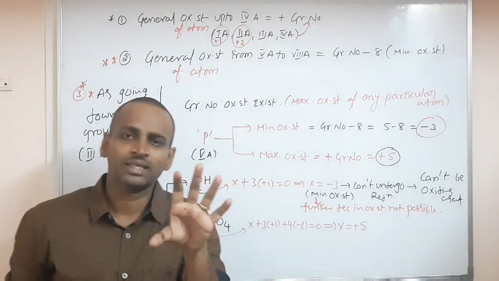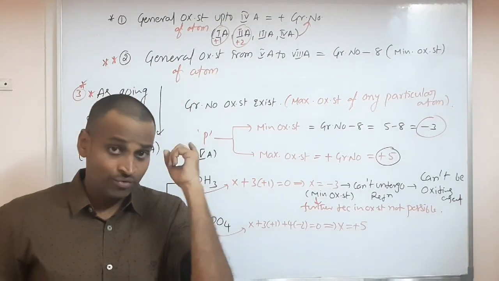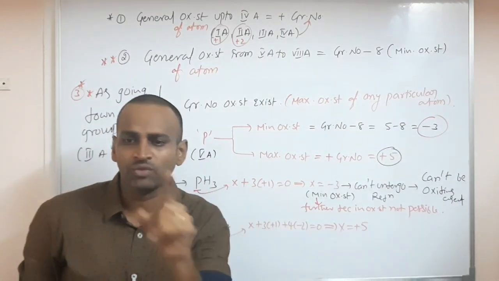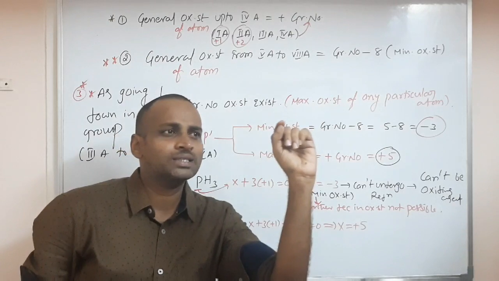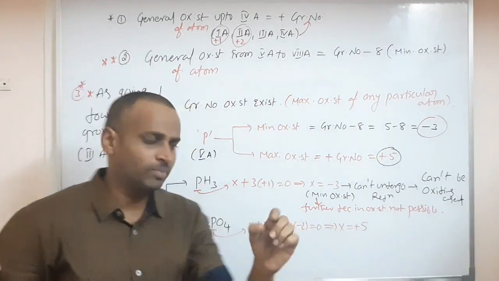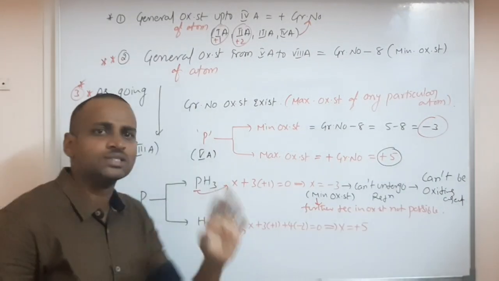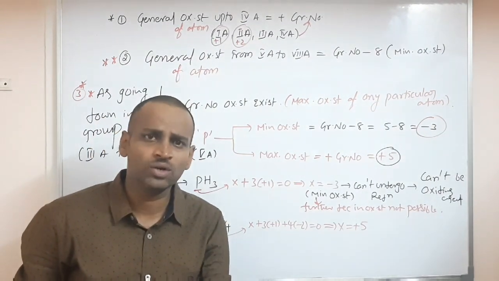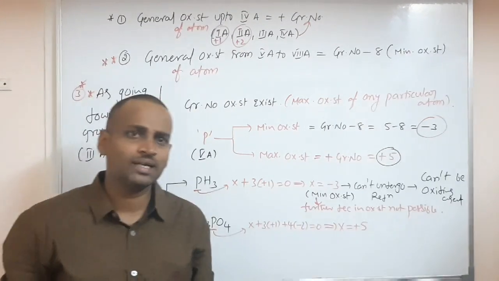Which of the following cannot be an oxidizing agent means, first in your mind one thing should strike: in which of the four options does the particular central atom have the minimum oxidation state? Because whose oxidation state always changes? The central atom. Who is the central atom? I told you already, the less electronegative atom is the central atom.